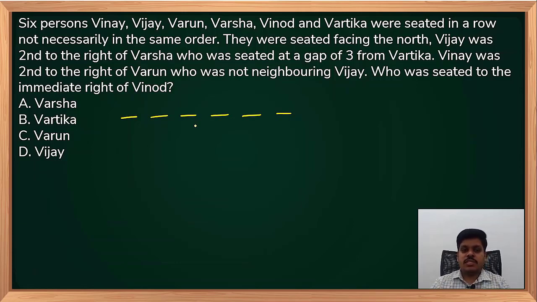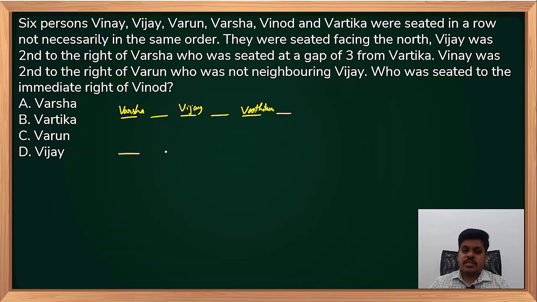Vijay was second to the right of Varsha, who was seated at a gap of 3 from Vartika. So I place Varsha here. If I place Varsha here, Vijay was second to the right: 1, 2. So Vijay can be in this position. Varsha, who was seated at a gap of 3 from Vartika: 1, 2, 3. Vartika can be in this position.